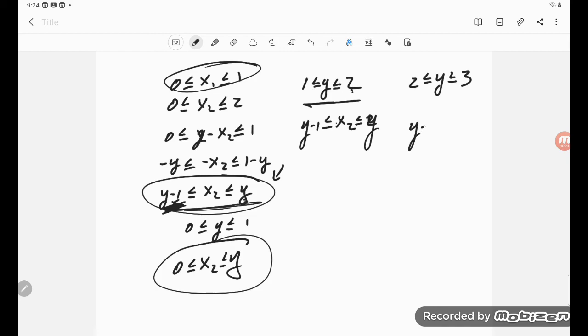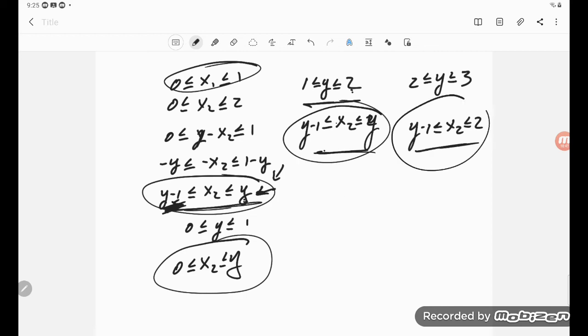So we've got y minus 1 less than or equal to x2, and y here on the right-hand side is from 2 to 3, but x2 is never any bigger than 2 anyway. So x2 is less than or equal to 2. And so these three here match what the book has when they integrate with respect to x2.